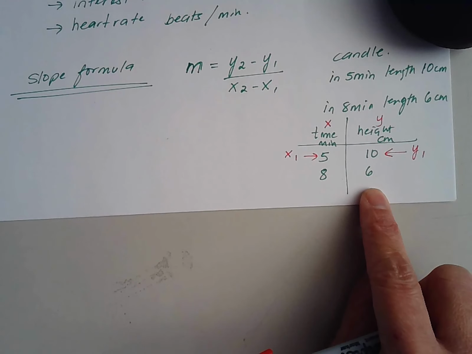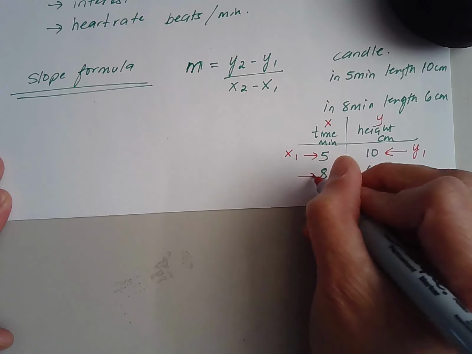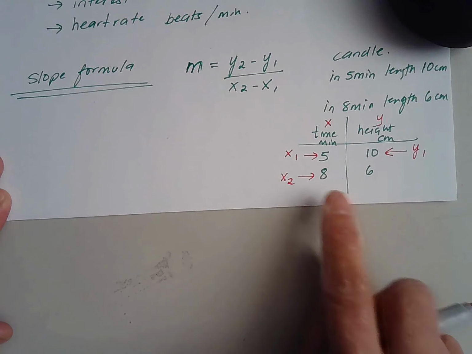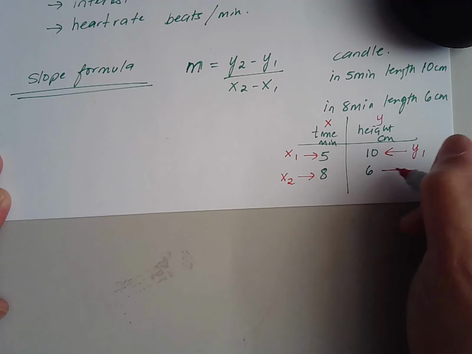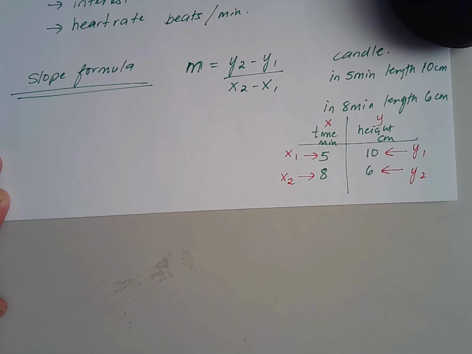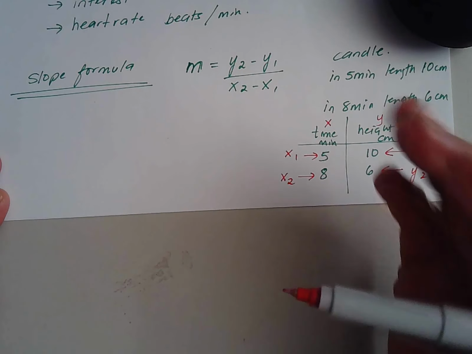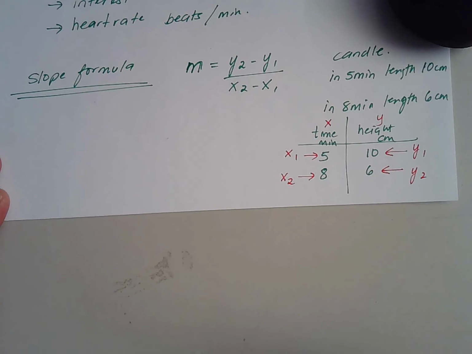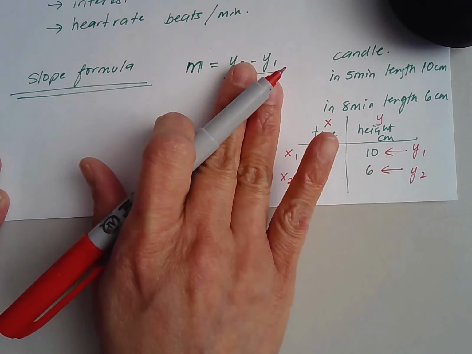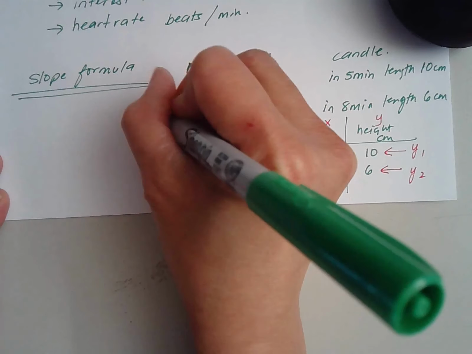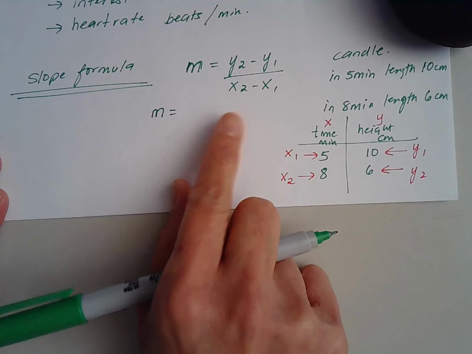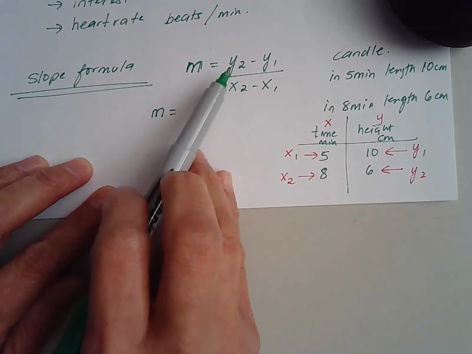Then time again, that would be our x2. And what's the y? 6 would be our y2. As you can see, it's decreasing. There's a change in time and a change in height. Let's put these values into this equation. We know how to do this. We're going to follow the recipe. y2, what do I put in y2?